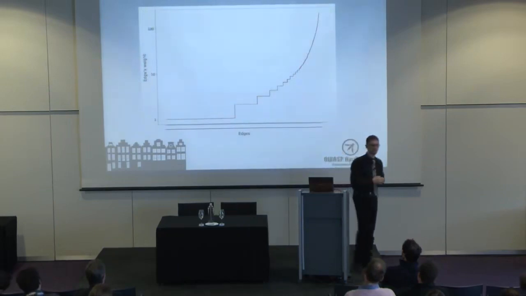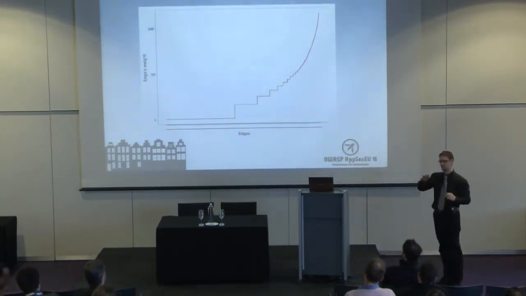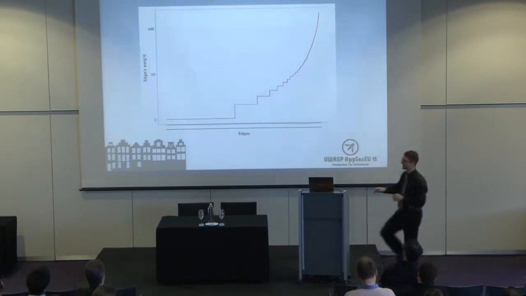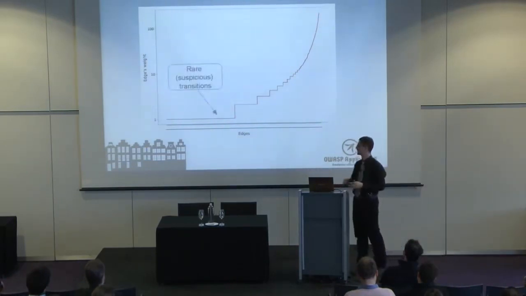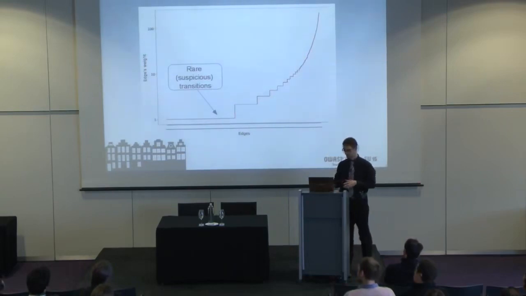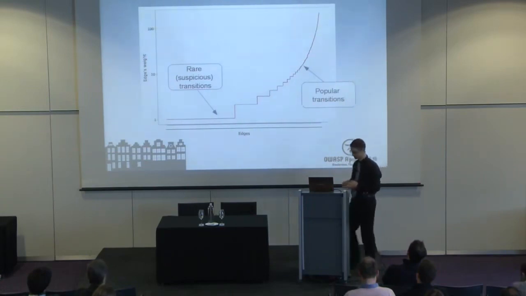So that's the distribution of the weight of the edges, the number of transitions that happened between a certain URL and another URL. And as you can see, there is a large number of very rare transitions that happened only once during the period of the time when the graph was built. And of course, we have popular transitions that relate to typical usage patterns.